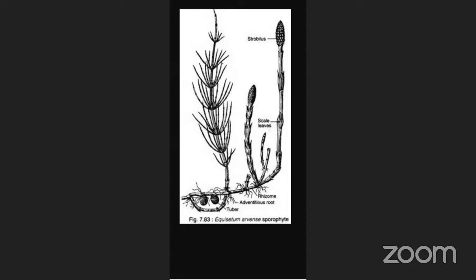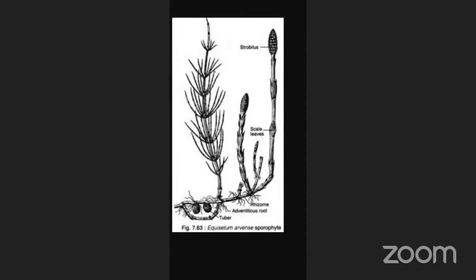So these plant bodies we commonly call the horse tail. We call it horse tail because it has a horse tail-like structure. See here, a horse tail-like structure is there. That's why we commonly call it a horse tail.